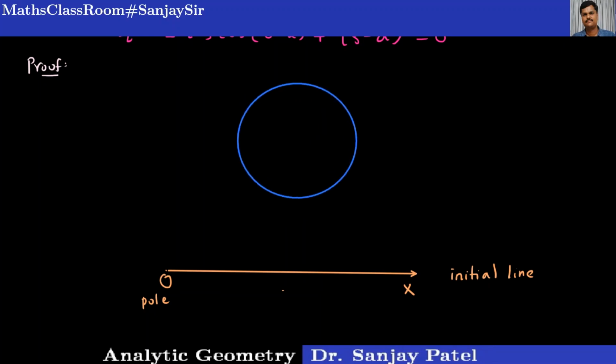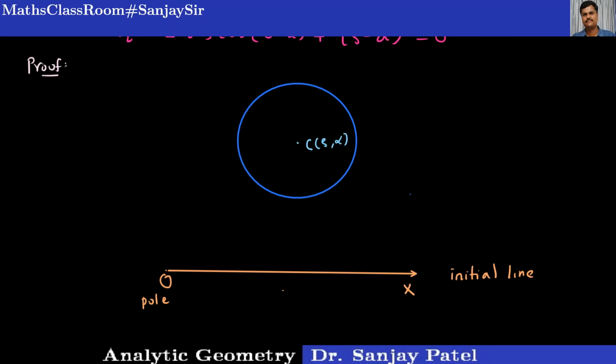Consider a circle, and the center of the circle is say C, which I am taking as some point here. The coordinates of this point are rho and alpha. So what is this rho and alpha?